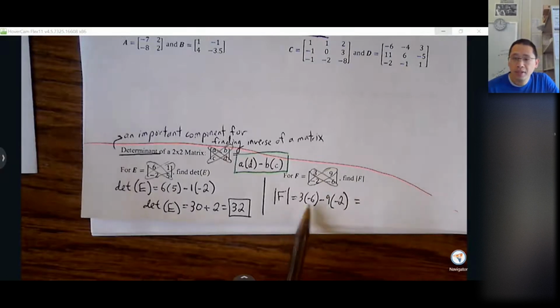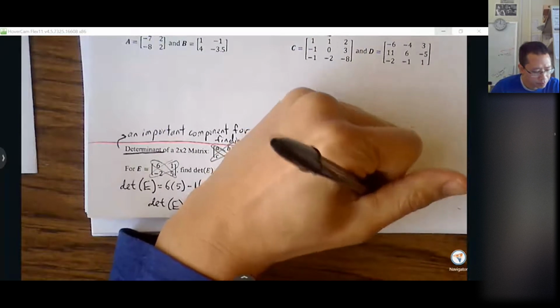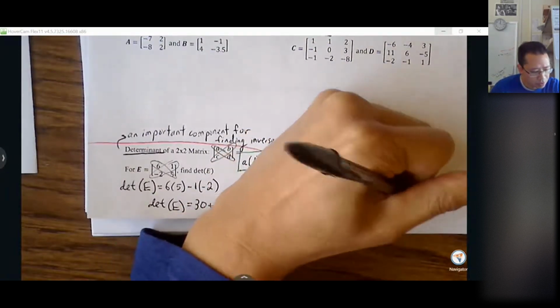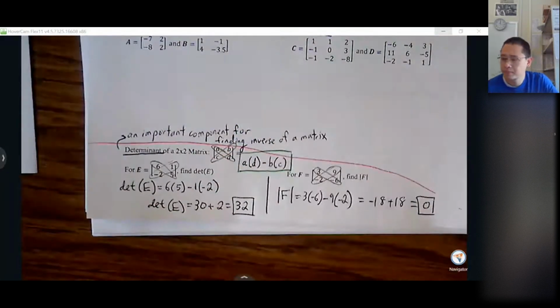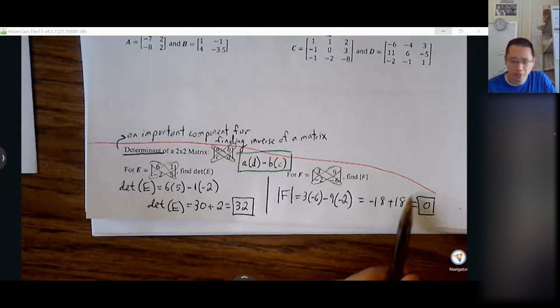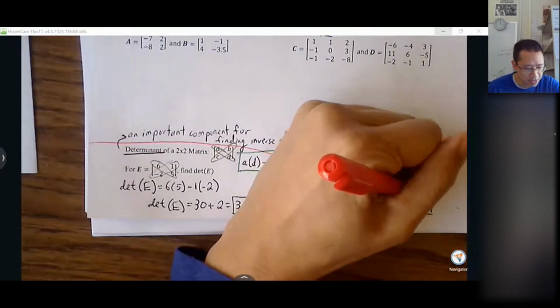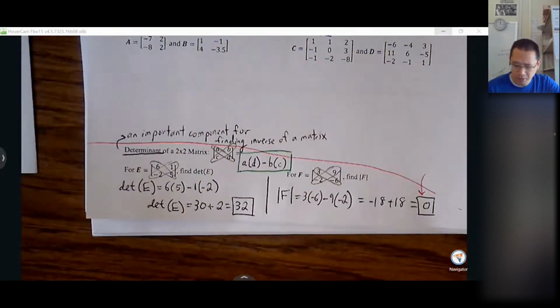Okay, we get negative 18 plus 18, which is 0. So here for matrix F, we get a determinant of 0. 0 has a special property. I'll talk about this on the next page, but basically, if you have a determinant of 0, this tells us that an inverse does not exist.